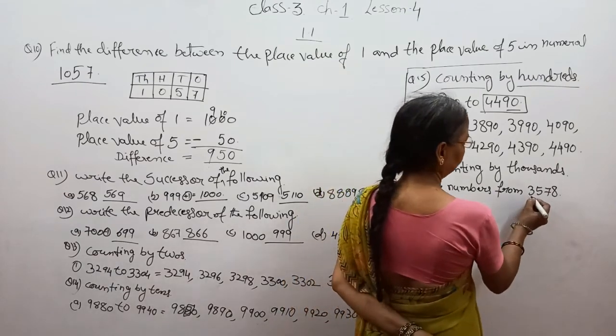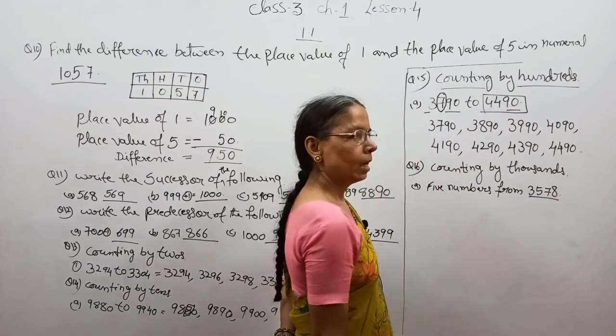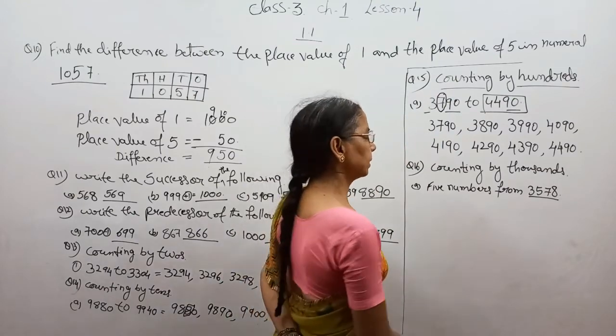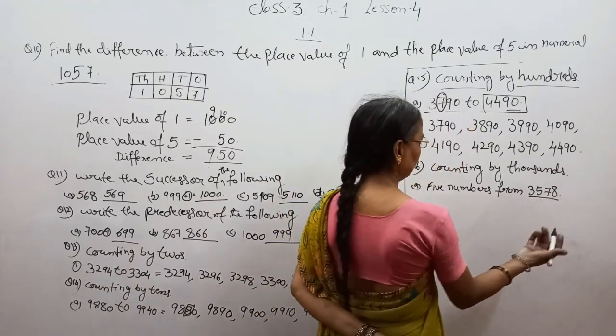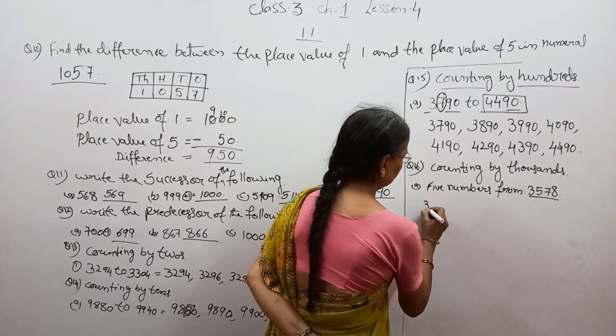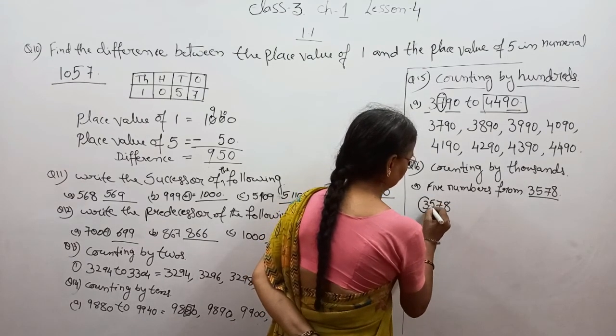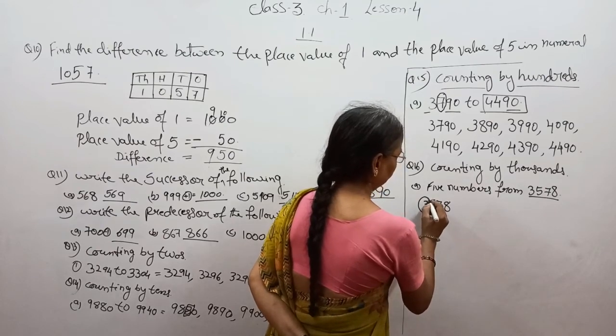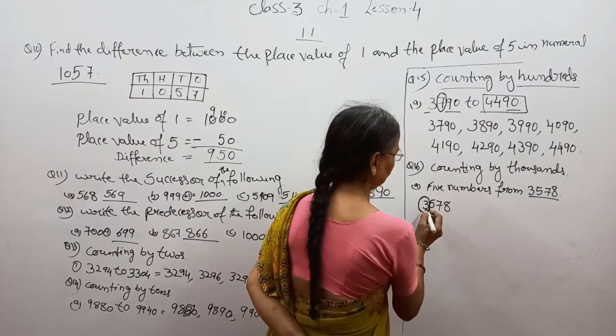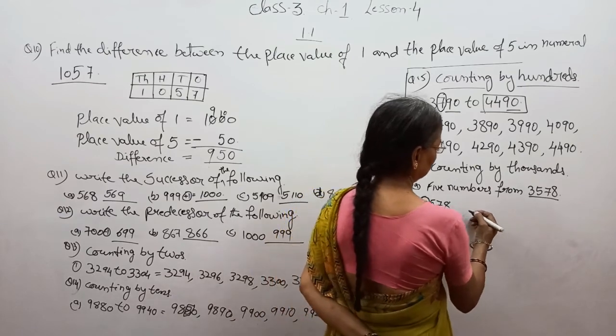शुरू फ्रॉम दिस नंबर वी हैव टू राइट अदर 5 नंबर्स. इसके बाद हमें 5 नंबर और लिखने हैं. That is 3,578. We have to change this one, the thousands place number will be changed consecutively.